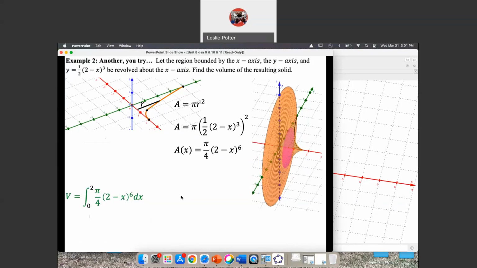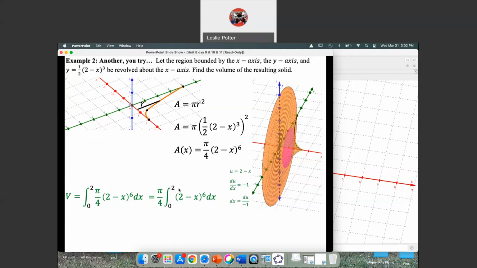So we could do a U sub on this. This is one of those things that could go either way in terms of calculator or no calculator. I'm not quite sure, so you can try this on your own. I put a pi over 4 out front, and we could do a U sub here. We could set u equal to 2 minus x, and then du dx is -1. So dx then is du divided by -1.